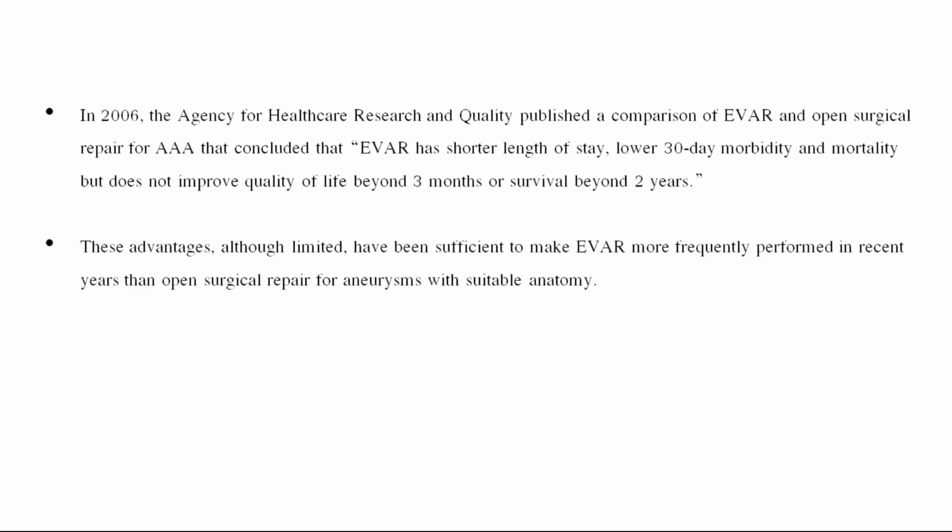So there is no benefit of the endovascular procedure in terms of quality of life and survival when compared to the surgical repair.